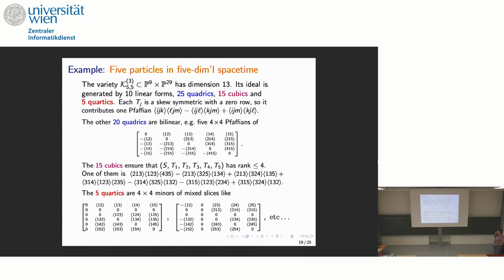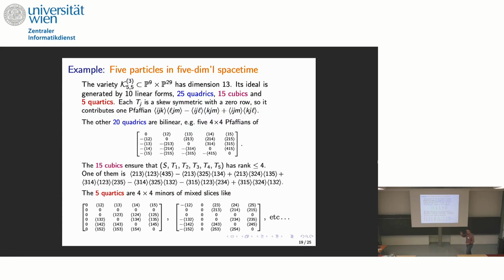For 5 particles, we work this out. So this is K upper 3, for 5 particles in a 5-dimensional space-time, and there's a complete description in the paper. Upper 3 means I look at order 2 and order 3 spinor brackets.